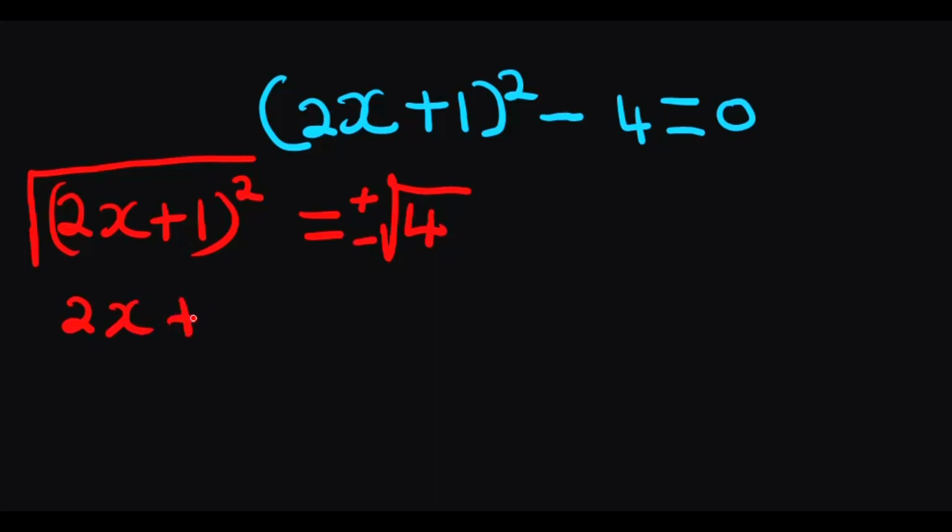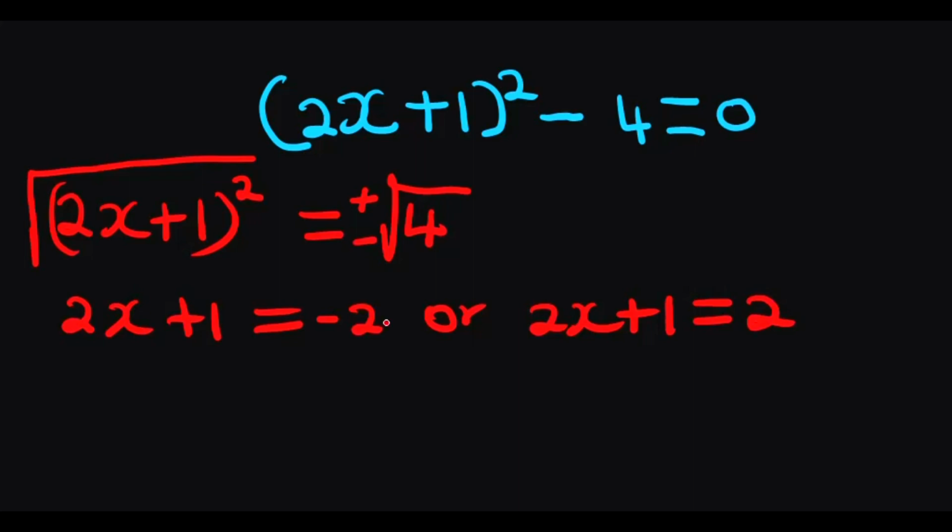2x + 1 is equal to the square root of 4, which is 2. Therefore, since it's plus or minus, we'll have 2x + 1 is equal to negative 2, or 2x + 1 is equal to positive 2.